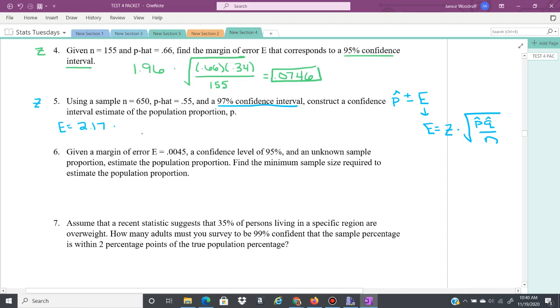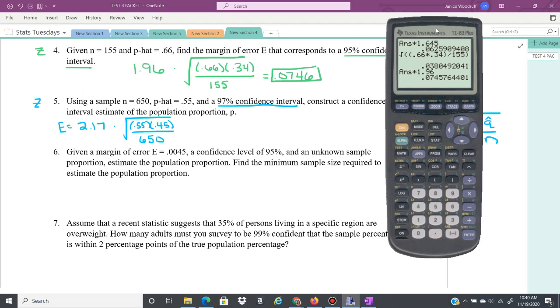Then we will multiply that by the square root of p hat, which is 0.55, times q hat, which would then be 0.45, over 650. So let's go ahead and do that.